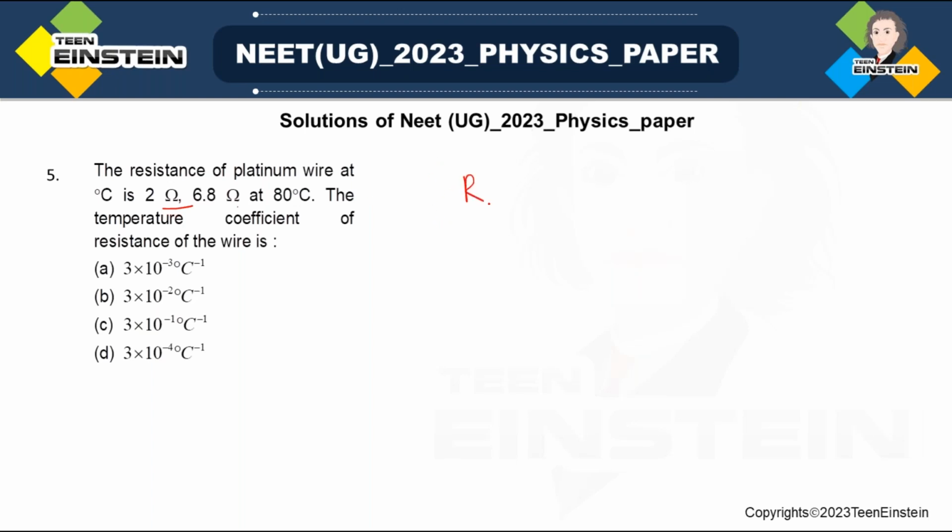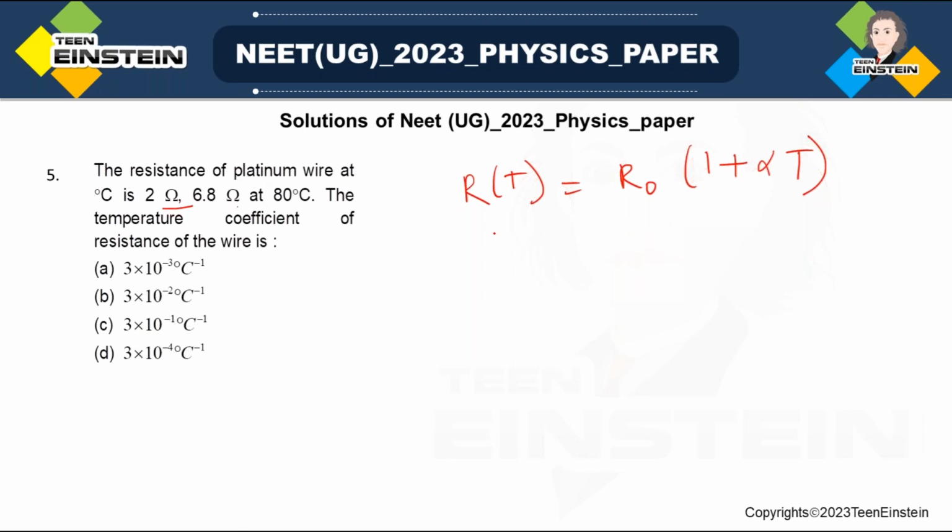See, for platinum, or resistance of any conductor, how does it vary with temperature? It varies like R0, which is the resistance at 0 degree centigrade, whole into 1 plus alpha T, where alpha is the temperature coefficient of resistance. This T can be in centigrade also, it doesn't matter.